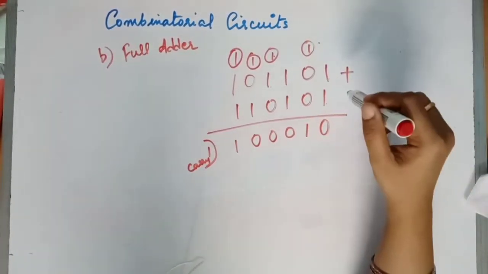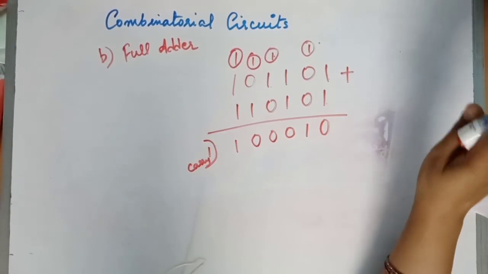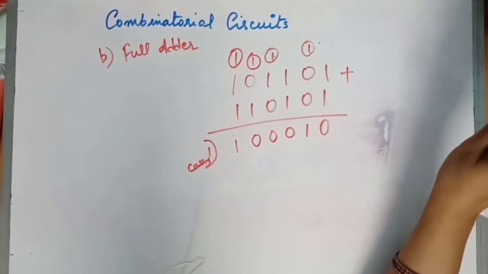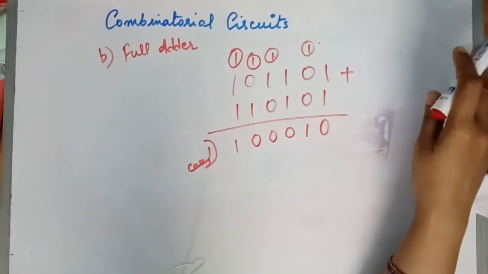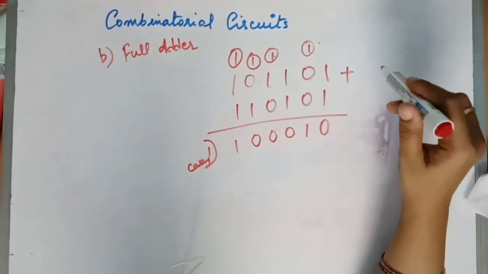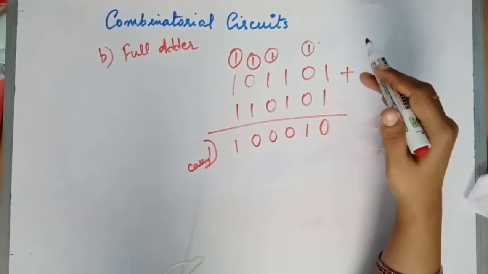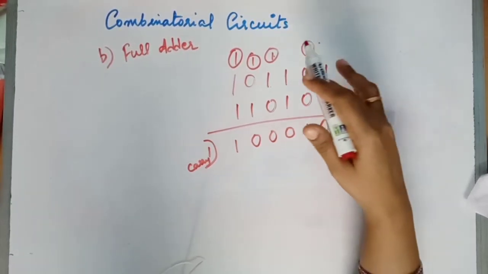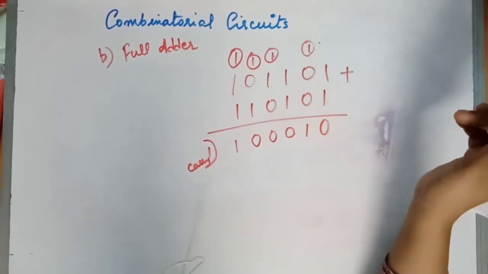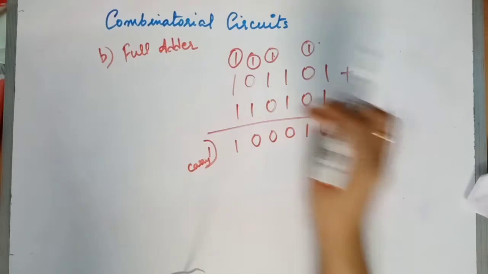In the case of half adder, we are just adding 2 bits and seeing whether there is a carry or not. We are not thinking about whether there will be a carryover from the previous stage or not. In normal situations, there is a chance that there is a carryover from the previous stage. So in such cases, you have to go for the full adder.